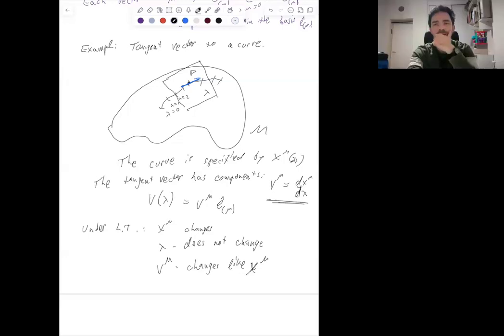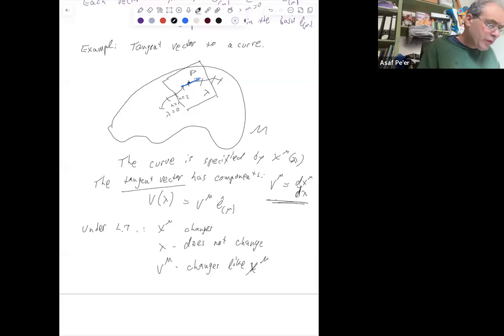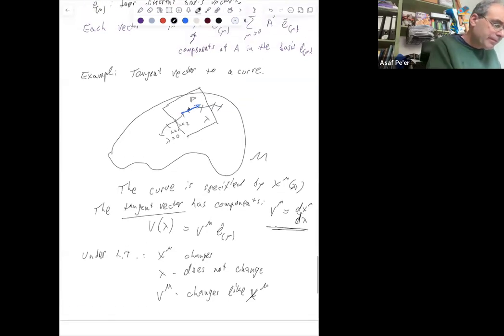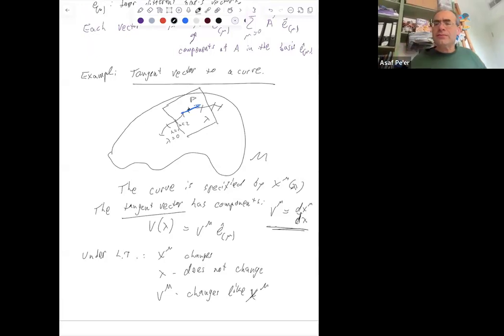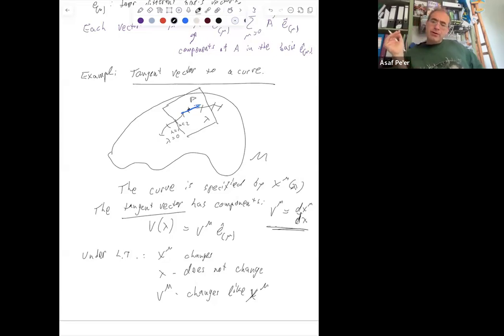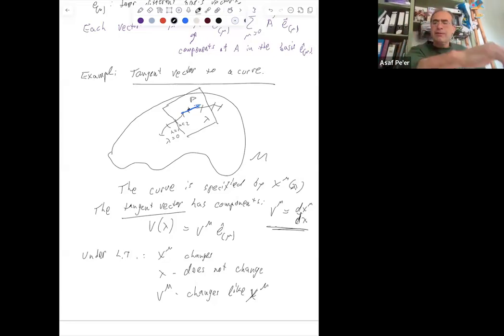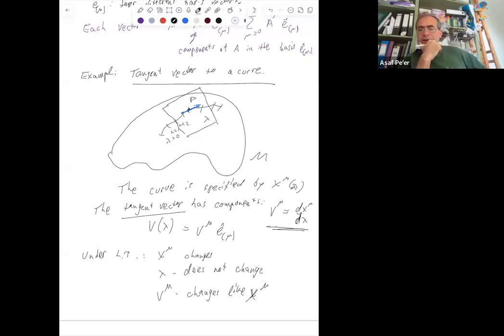What is v mu? This is the tangent vector to the curve. So I have some manifold. Again, think of it, I am traveling on Earth. I take a boat and I sail. So my boat describes a path on the curve, and the path is specified by some parameter lambda.